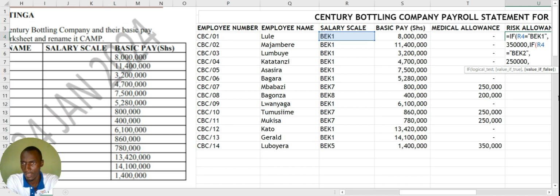Any other salary scale other than BEK1 and BEK2 is 0.